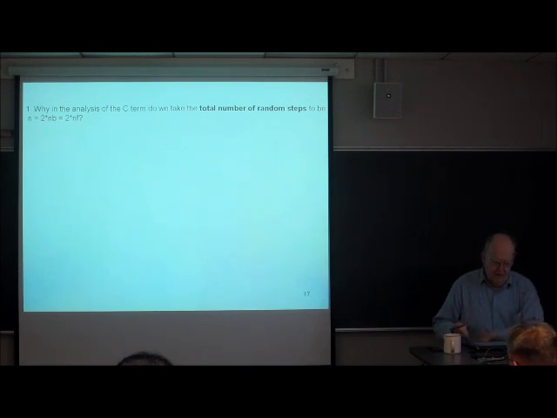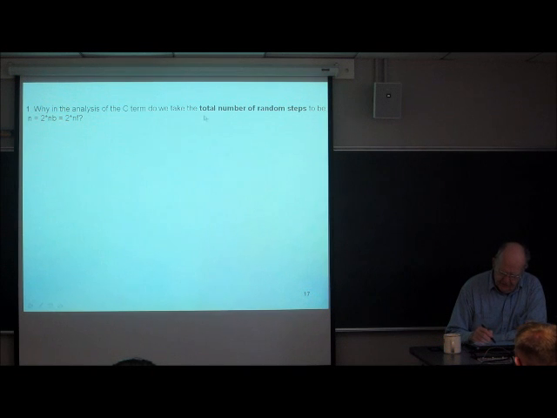Okay. When we were working on the C term, the slow interphase mass transfer by the random walk model, we said that the total number of random steps n could be taken as 2 times NB or 2 times NF.